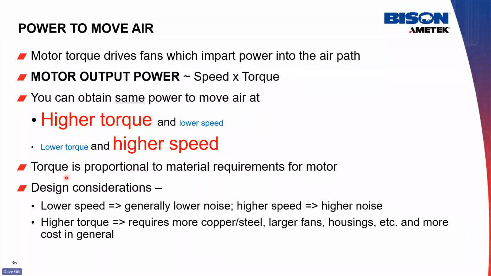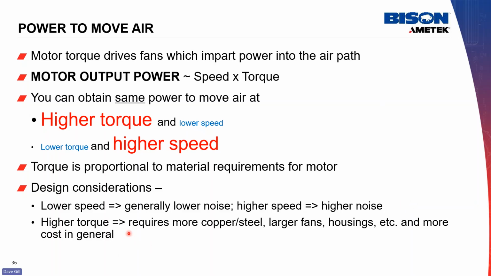Now, torque is proportional to material requirements of a motor. So some design considerations. At a lower speed, you generally have lower noise, and at higher speed, you have higher noise. So there's a strike against going to higher speeds.